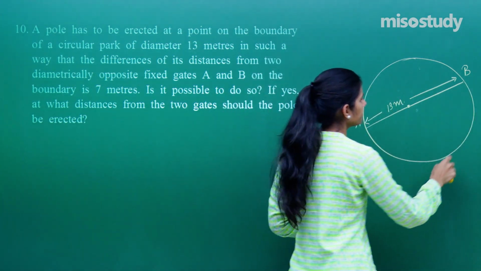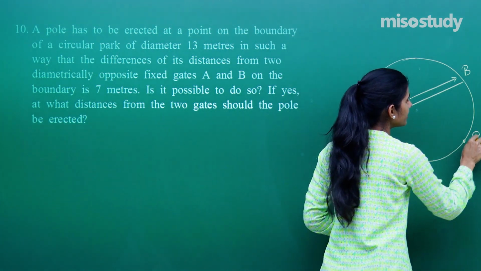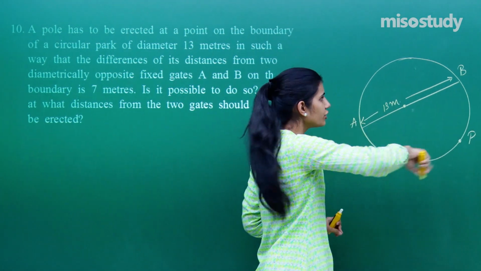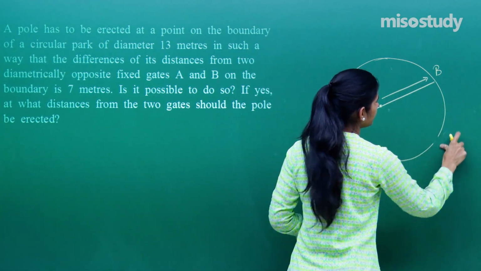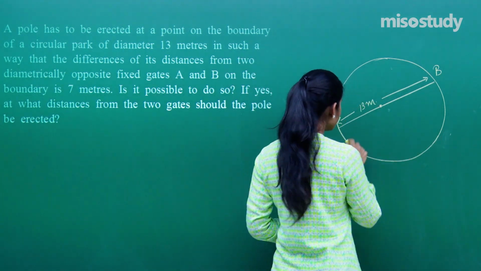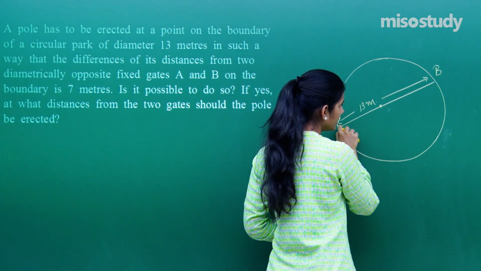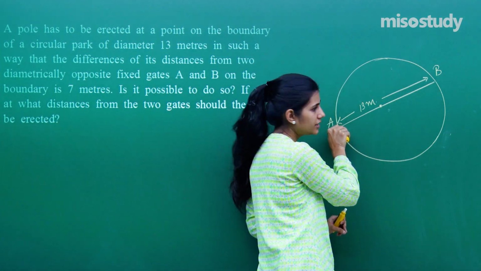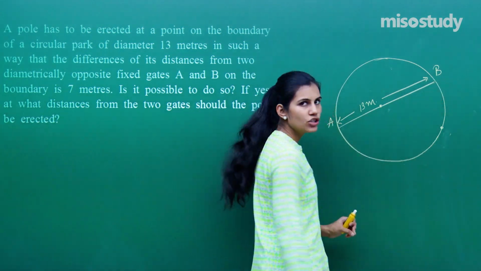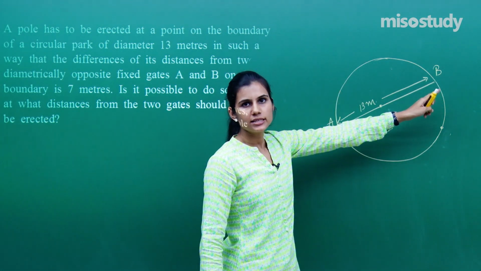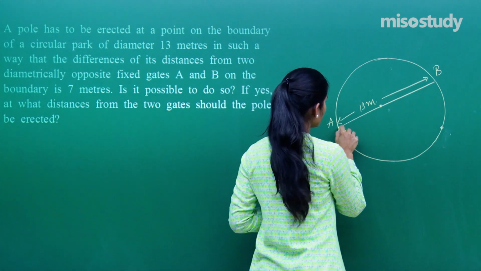That means, suppose this is the point where the pole is lying, somewhere on the boundary of this circular region. Let me mark it like this. Then you measure that pole's distance from A and B, which are opposite points of this diameter.